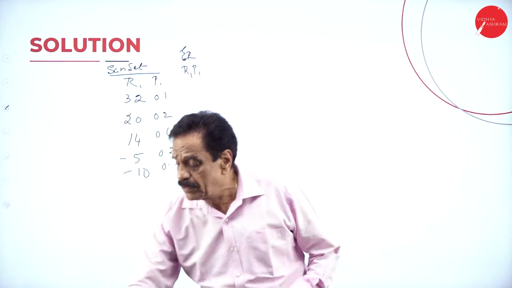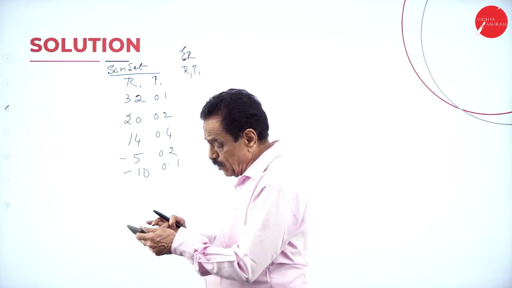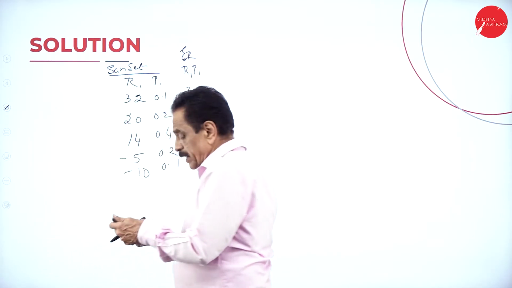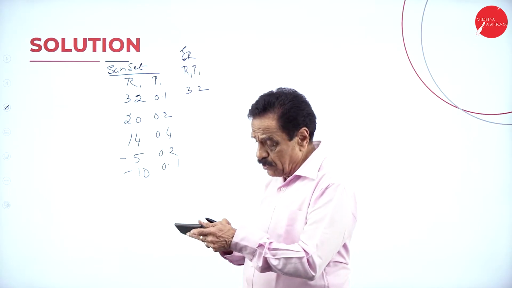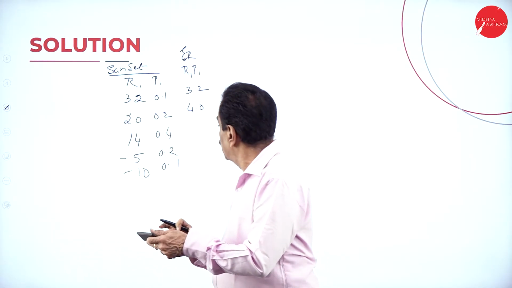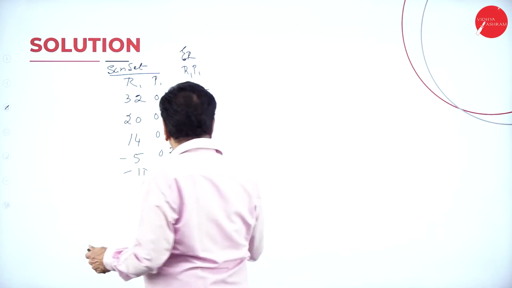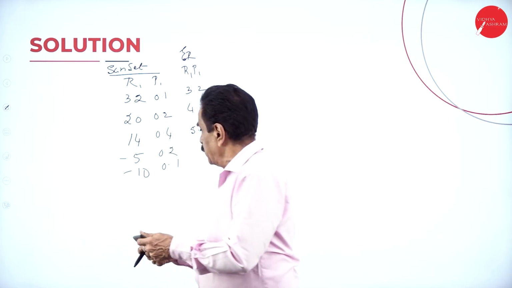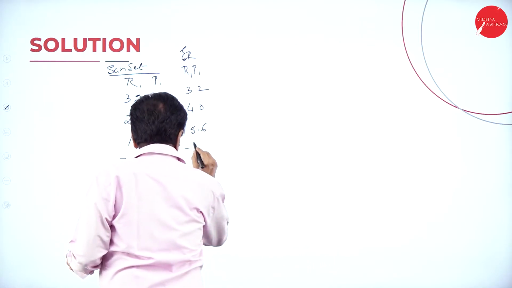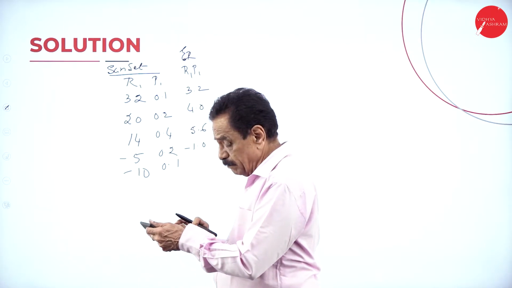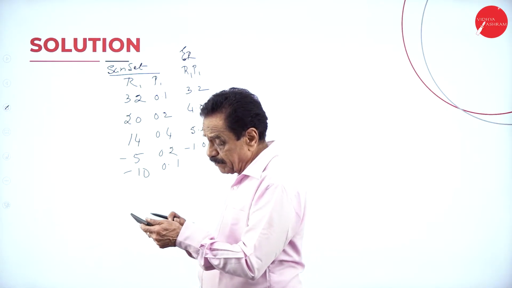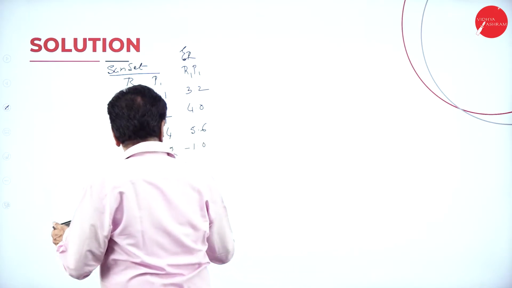Multiply: 32 into 0.1, 3.2. 20 into 0.2, 4. 14 into 0.4, 5.6. 5 into 0.2, minus 1. Then minus 10 into 0.1, minus 1.